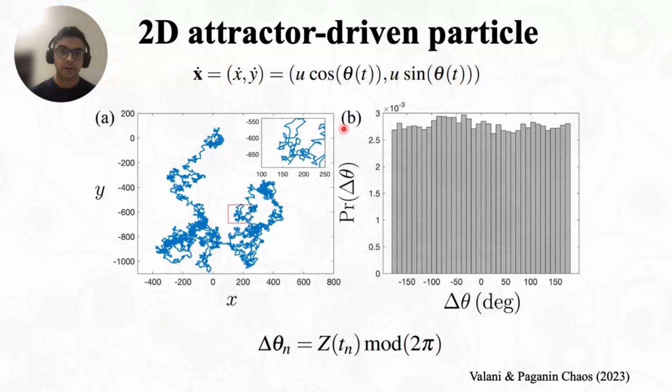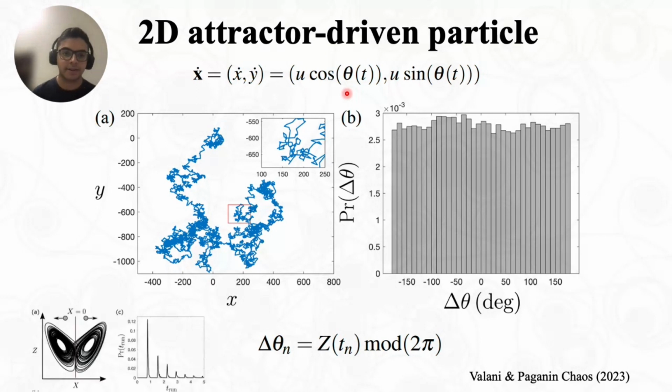We can also model two-dimensional active particles using our attractor-driven matter framework. If we now have the orientation variable for the particle being governed by the internal state Lorentz attractor, then in the Lorentz attractor, when the trajectory switches between wings, we can have a turning angle for the particle, which is given by, let's say, the z variable of the Lorentz system.